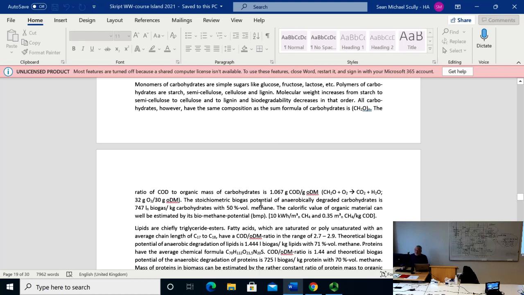The stoichiometric biogas potential of anaerobically degraded carbohydrates is 747 liters normal, or liters at standard conditions, per kilogram of carbohydrates, with 50% volume of methane.